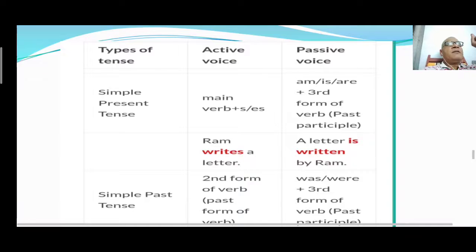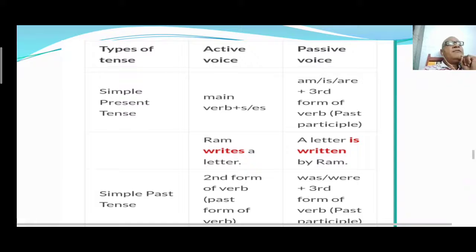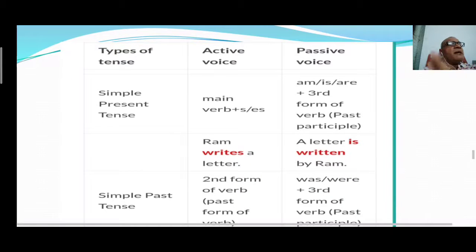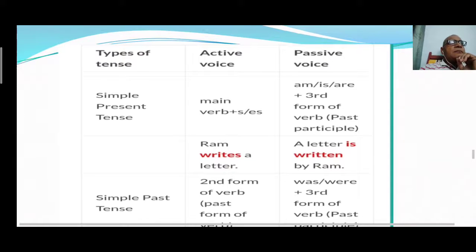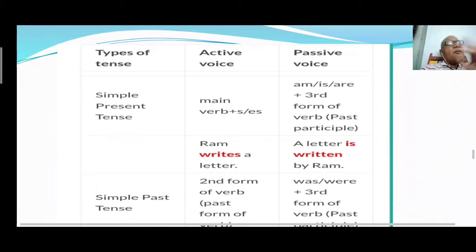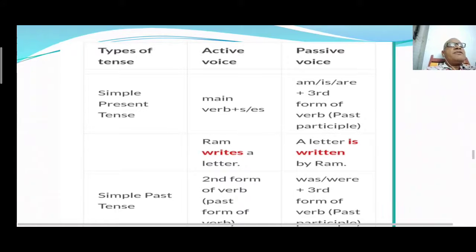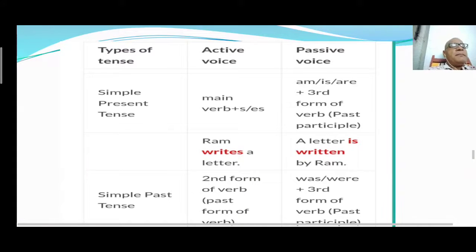If the subject is plural, we need to use the plural be form. Whether it is subject or object, it depends on the agreement between subject and verb. Depending on the agreement, we need to make the change in verb pattern.